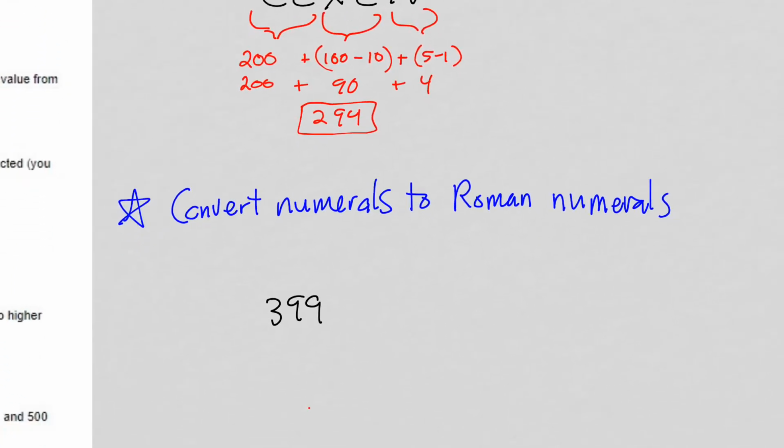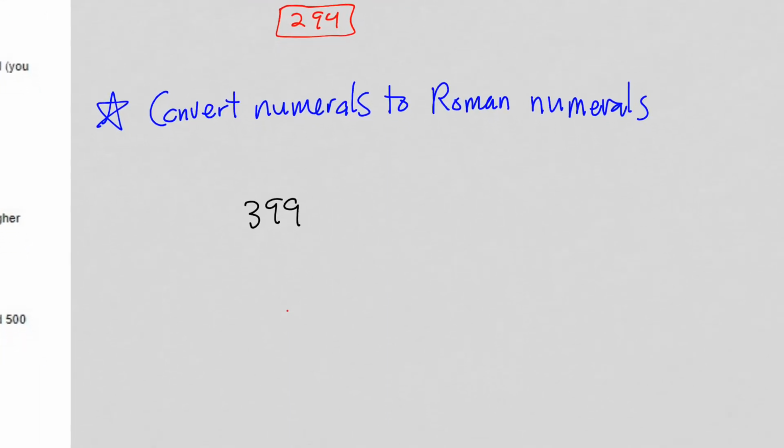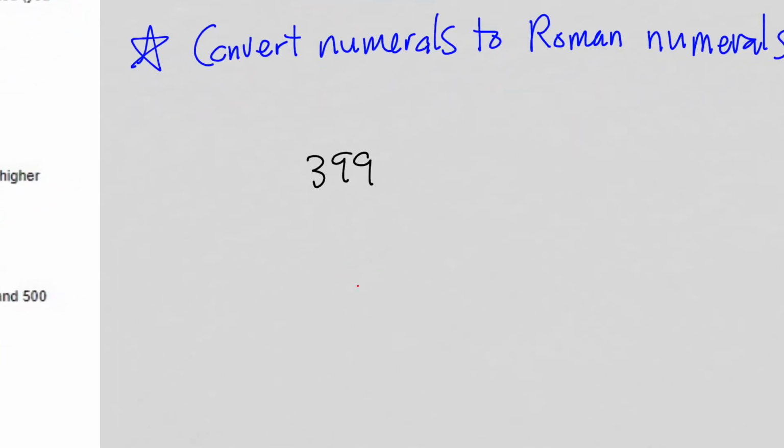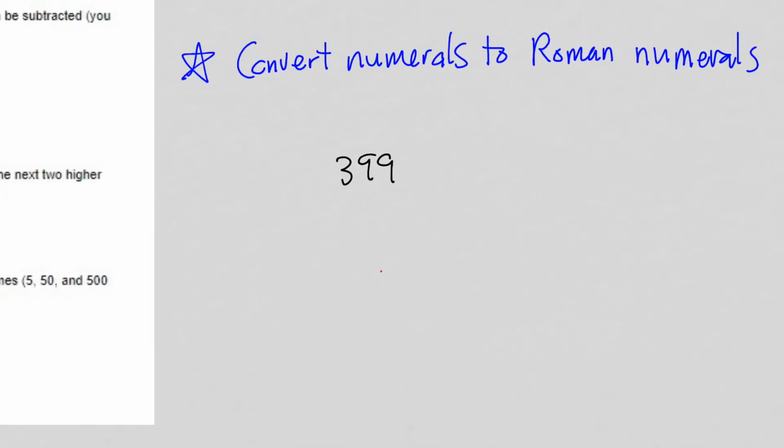All right, so let's take our numbers and convert them back to Roman numerals. We want to do the same thing where we are separating our place values. You're going to see this early on in the section as well. So we want to separate the 3, which is in the third spot, that's 300.